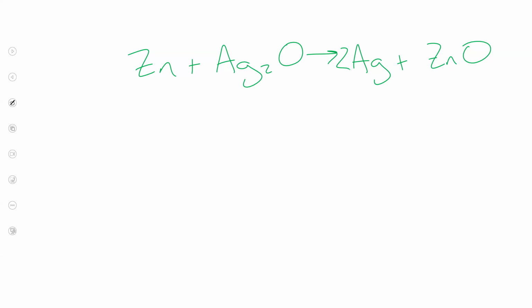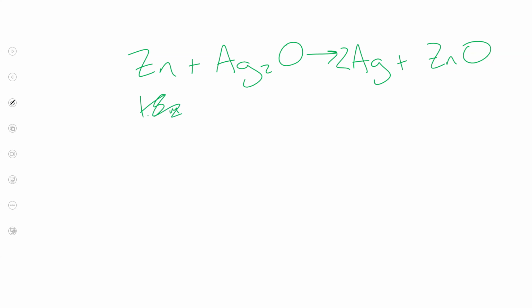Usually what I would say is, tell me how many moles of silver, or what's your theoretical yield of zinc oxide? So if we were to do this, let's say two silver, 2 moles of silver over one zinc.